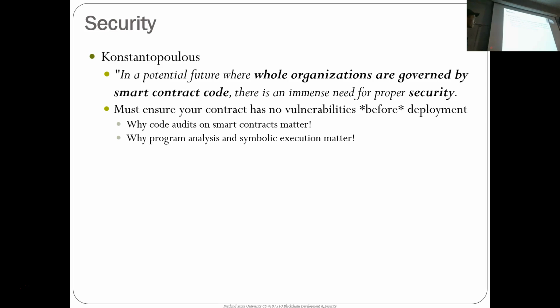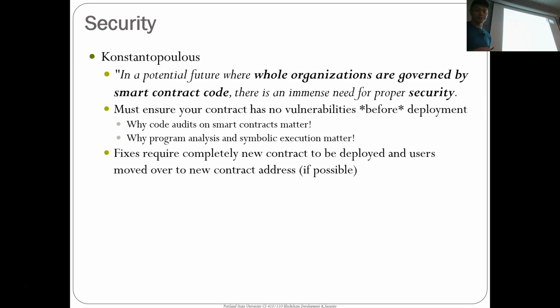This is why you have to do things like code auditing. You have to get your testing and validation done ahead of time. And this is why program analysis and symbolic execution matter. At the very end of the course, you're going to be able to point some automated tools to try and exploit smart contracts that have been developed and deployed.